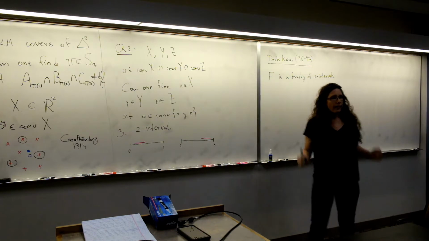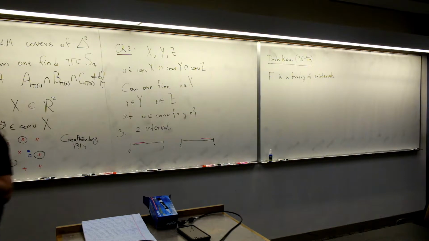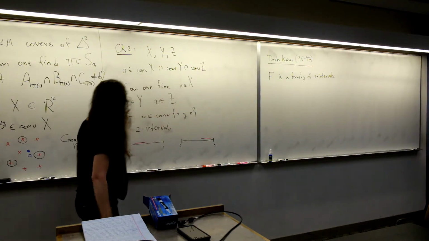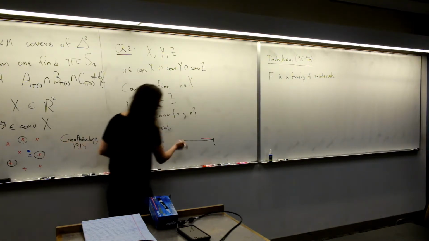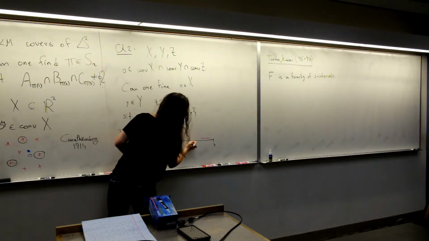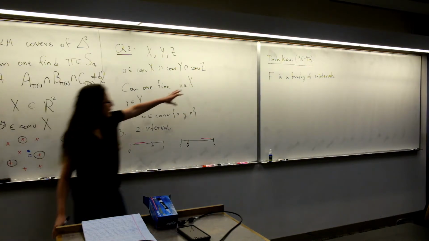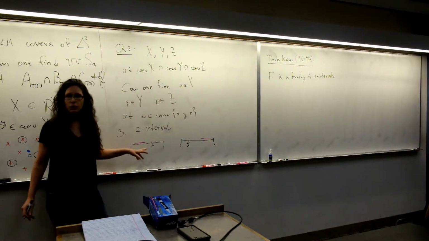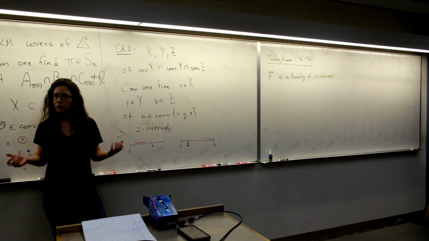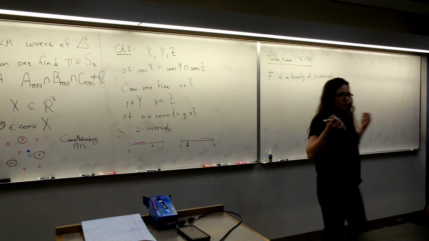Now suppose that F has some property regarding the number of points needed to pierce it. So what does that mean? Suppose that every time I choose a point x here on the first segment and a point y here on the second segment, I can find in F some 2-interval that is not pierced by any of these 2 points, that does not contain any of these 2 points. Suppose that I have such a family that has such a property.